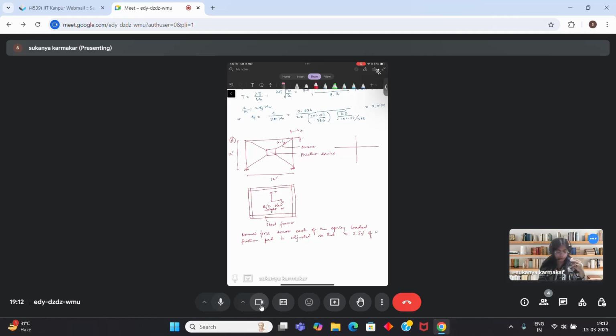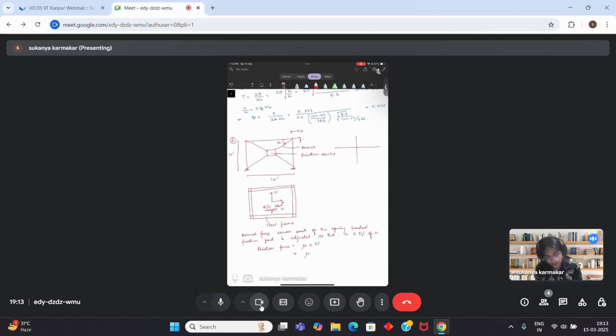If the normal force is this, what will be the friction force in the device? Friction force will be some friction coefficient mu into the normal force.